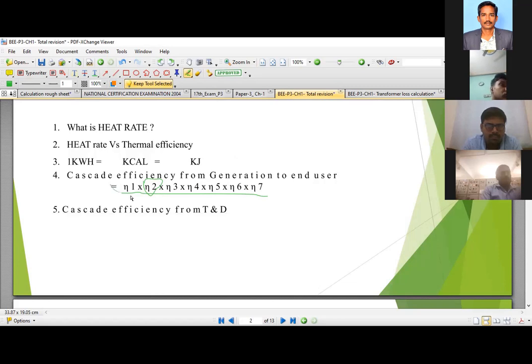Because this is totally efficiency multiplication. So 100 minus 2%, then 98% efficiency. Once you calculate, 28% means 0.28 into 0.98 into, like this.